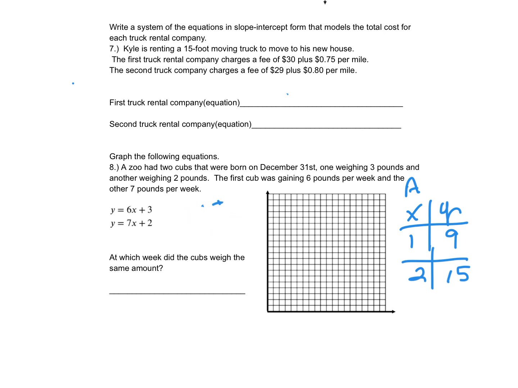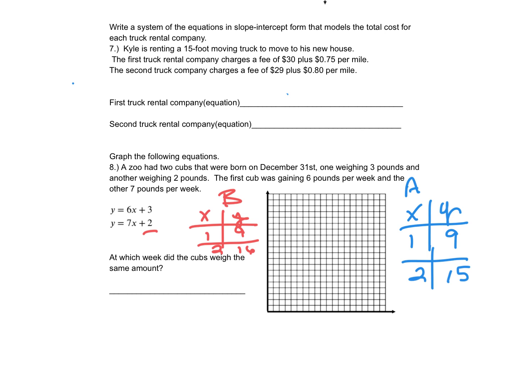Let's look at our second equation. What do we have going on here? So that was cub A. Cub B now. Cub B, at 1 week, he weighed 9 pounds. So our X and our Y at week 1, 7 times 1 would be 7 plus 2 is 9. For week 2, 7 times 2 would be 14 plus 2 is 16.